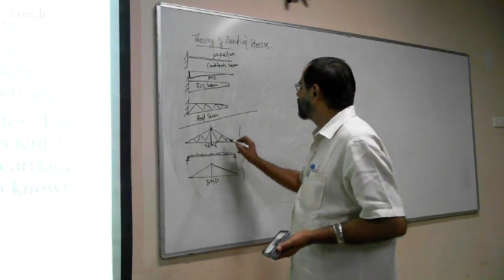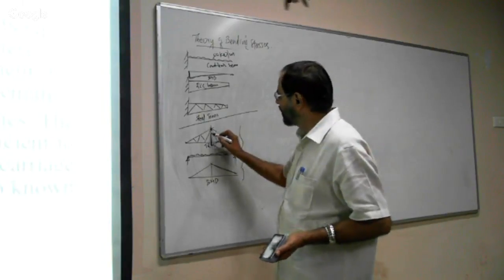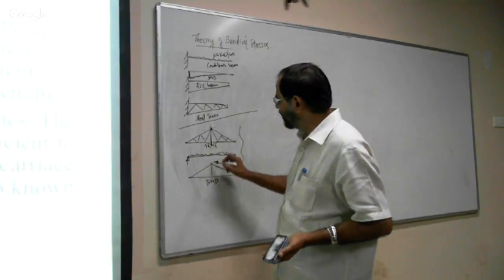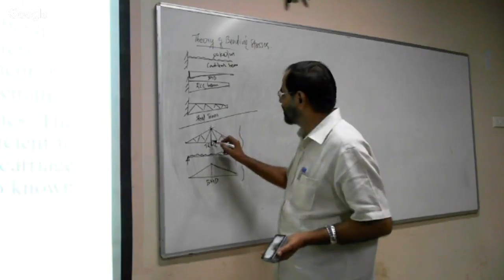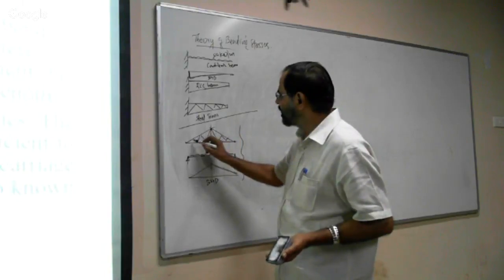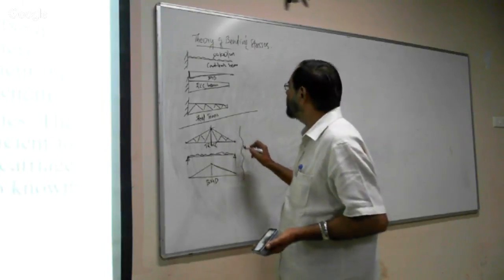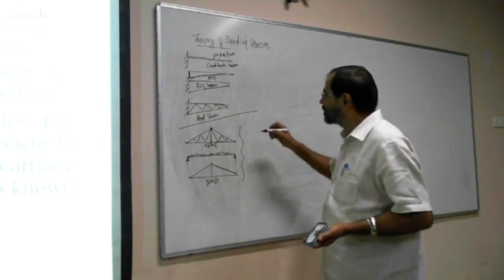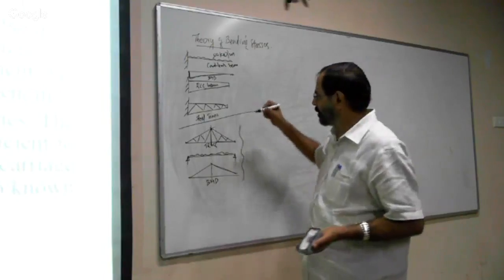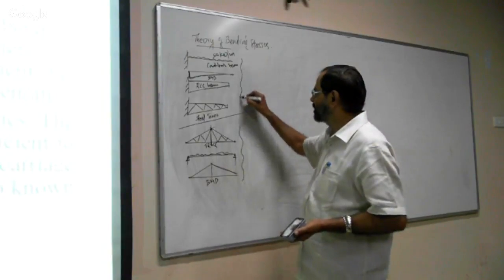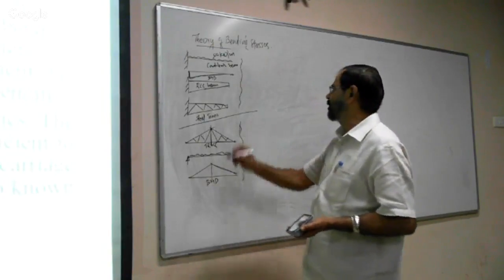Maximum bending moment, maximum section. Minimum bending moment, minimum section. Zero bending moment, minimum section. This is the beam of uniform strength. This is one example, and this is another example.